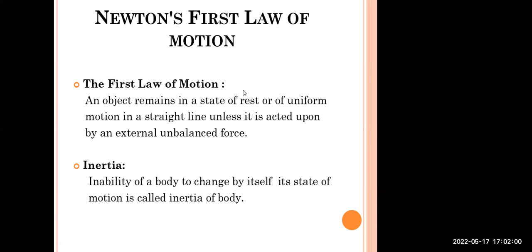That means a body on its own can't change its state of rest or state of motion along a straight line. When the object is moving in a straight line, it will not change its motion, or if it is at rest, it will not start moving, unless and until an unbalanced force is given to the object.